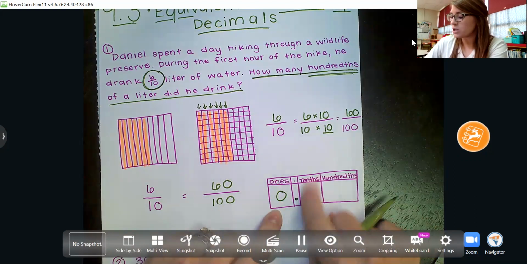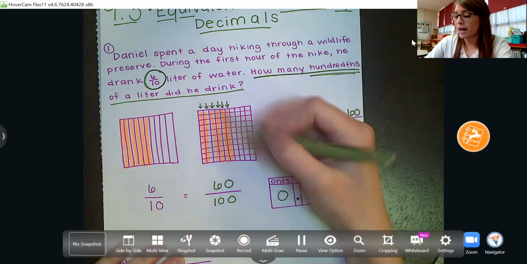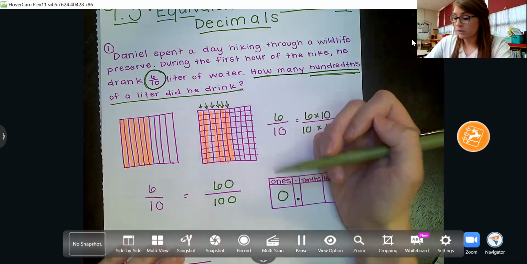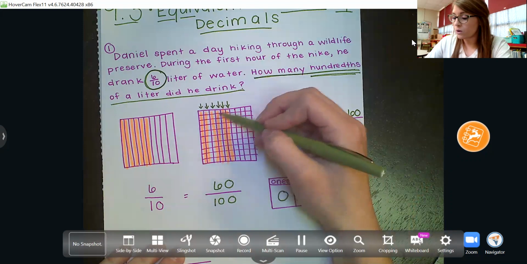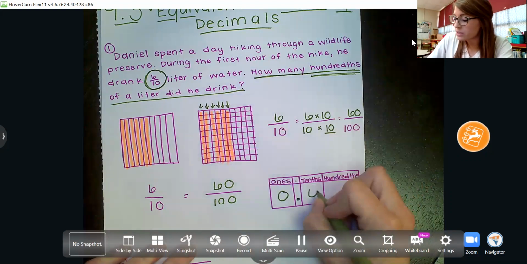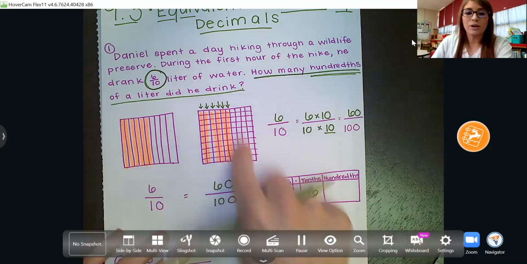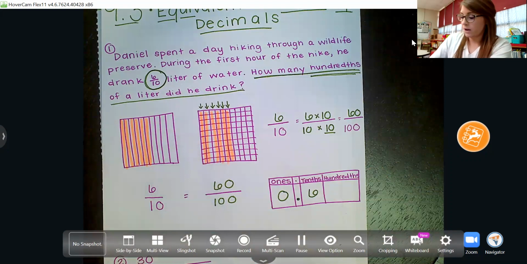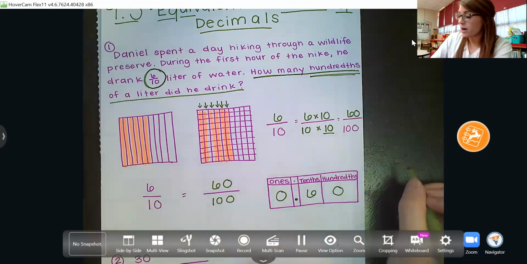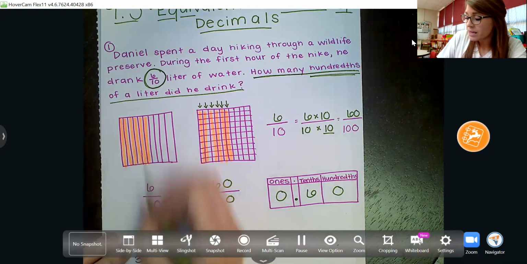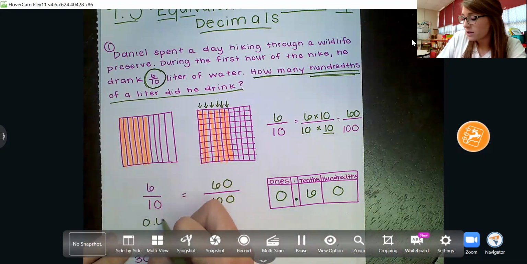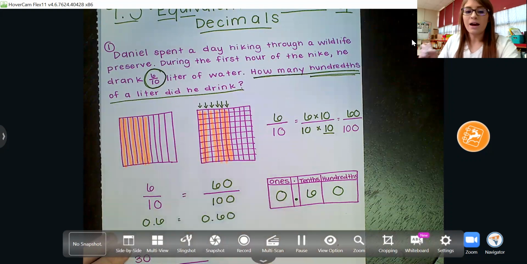How many tenths do we have shaded? Very good. 1, 2, 3, 4, 5, 6 tenths are shaded. And how many extra hundredths? Very good. 0 extra hundredths. So 6/10 is equivalent to 60 hundredths.